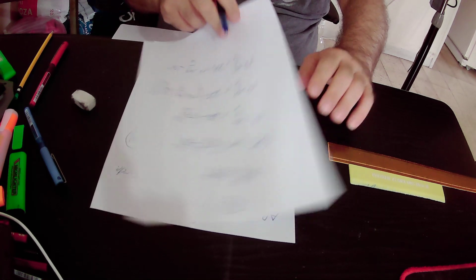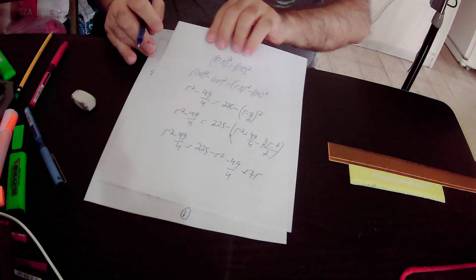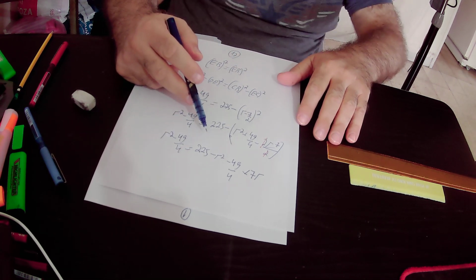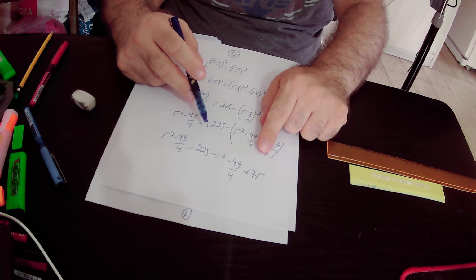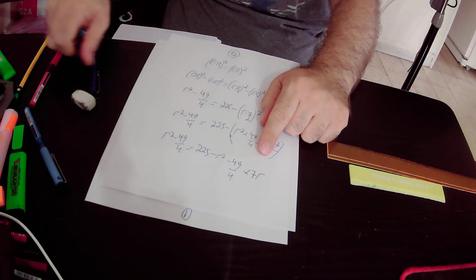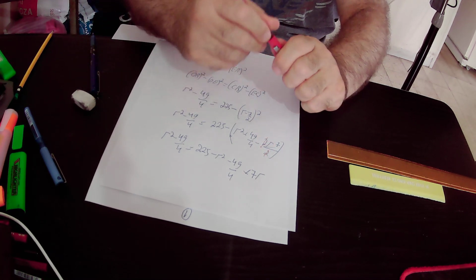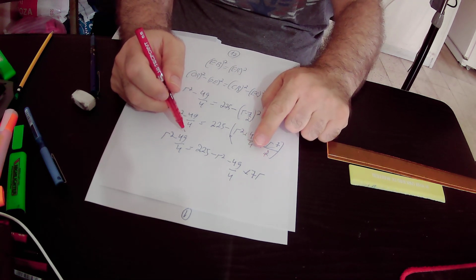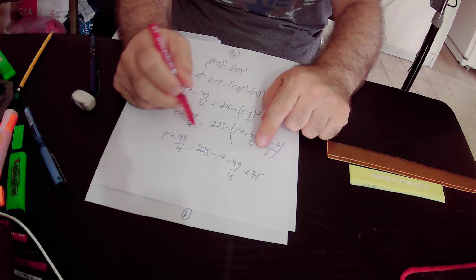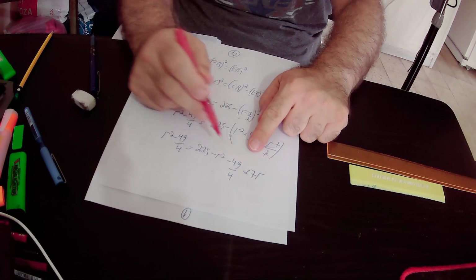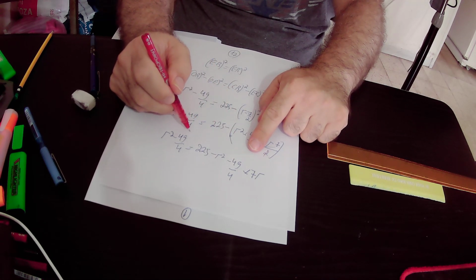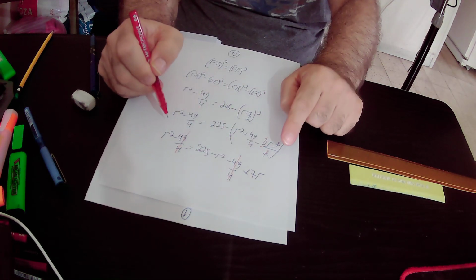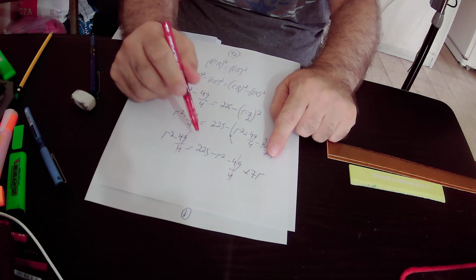So in total we got that R square minus 49 over 4 equals 225 minus R square minus 49 over 4 plus 7R. Here we have minus 49 over 4 on this side of the equality, and minus 49 over 4 on the other side, so we cancel minus 49 over 4, and then we will add R squared to this equality.